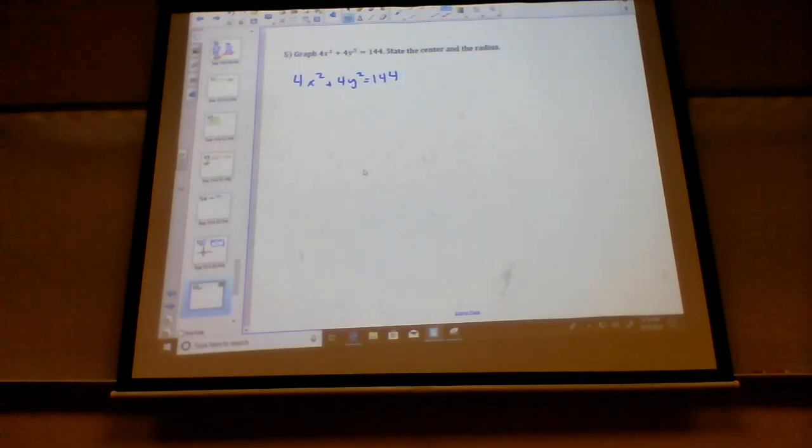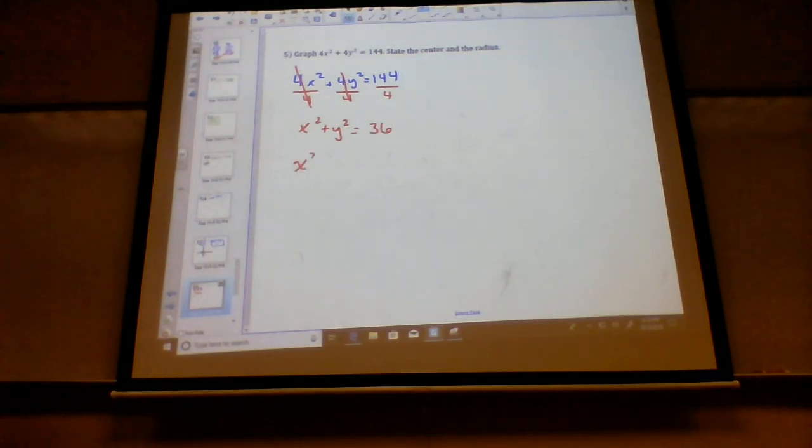So when you get to this problem, what you need to do is divide everything by 4, or whatever number is attached to x squared and y squared, so that your equation is in the right form. So the 4 cancels here and here. So we have x squared plus y squared. And 144 divided by 4 is 36. Okay, now that looks like my equation.